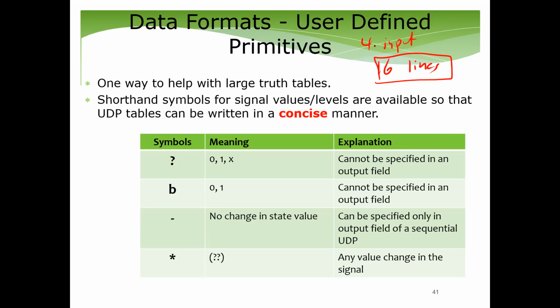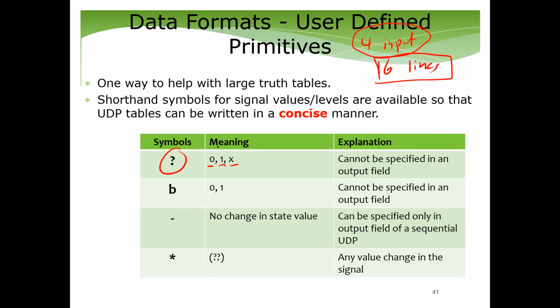There are some symbols that you can use to reduce the number of entries in your table, but you are still covering all cases of your input. You can use the question mark symbol. Question mark means this is 0, 1 or unknown.